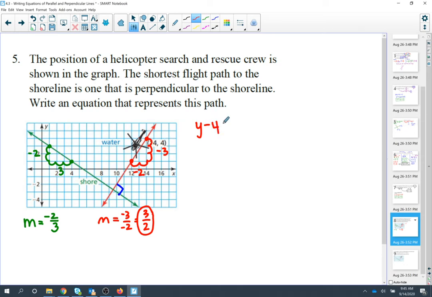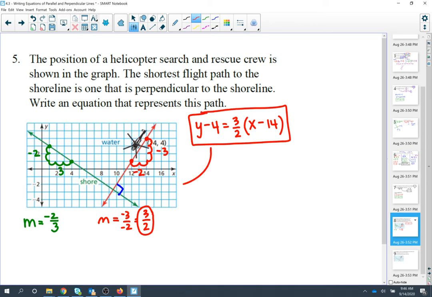So I'm going to substitute in 4, equals my slope of 3/2 times x minus x1, which is 14. Then I look at what the question says: it just says write an equation of the path that represents that line. So ultimately, I'd probably just leave it like this. And that's the equation of the path of the helicopter.